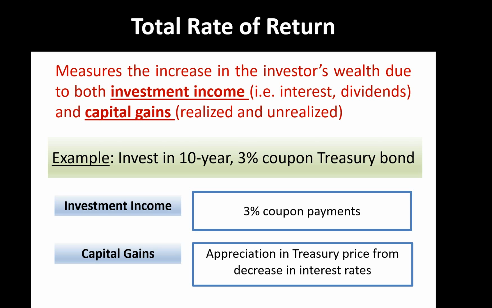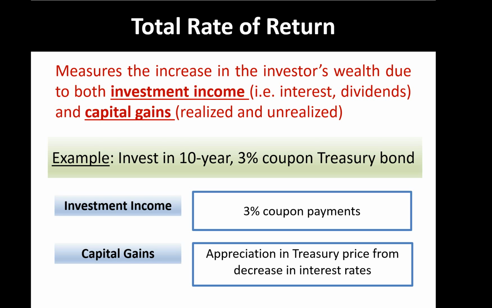I think the best way to illustrate this is looking at an investment in fixed income. Suppose you invested money in a 10-year, 3% coupon treasury bond. Your total rate of return for an evaluation period will consist of two components. One is the investment income, which is the coupon payments that you're going to be receiving each period, so these are the 3% coupon payments. The other component is the capital gains part.